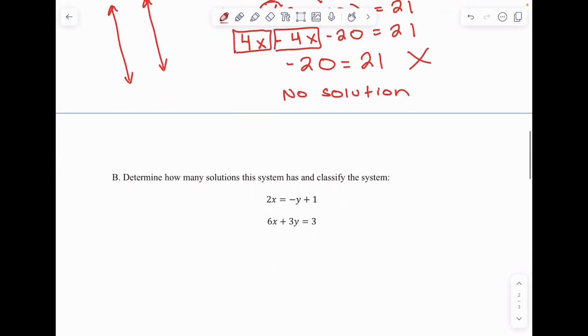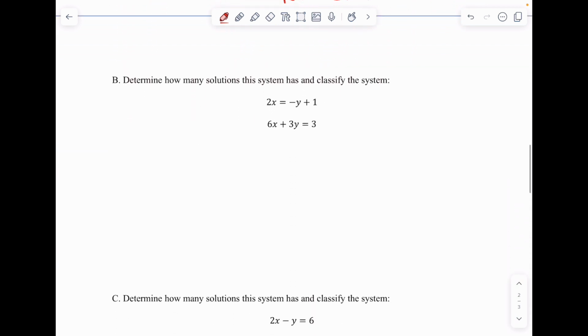Let's try another one. Determine how many solutions this system has and classify the system. I am going to add y to this side of the equation so that I have 2x plus y equals 1 and 6x plus 3y equals 3. And I notice that if I multiply this equation by -3, I can form opposites.